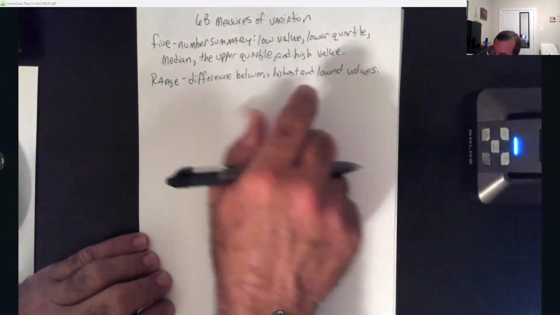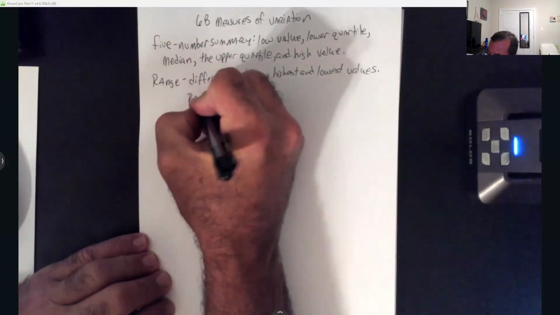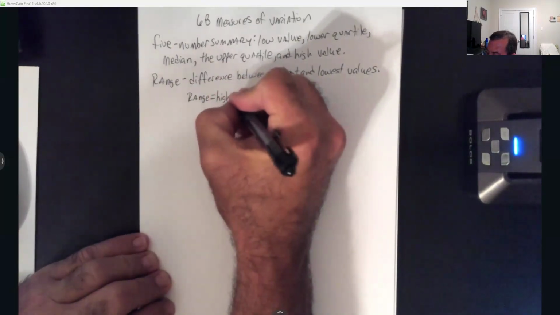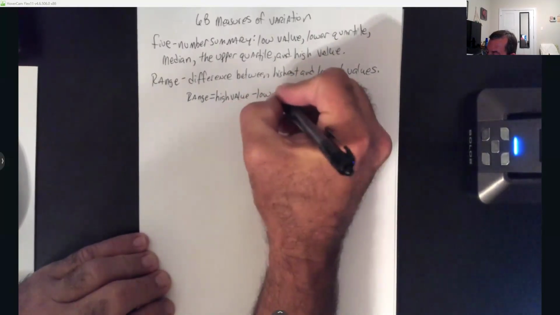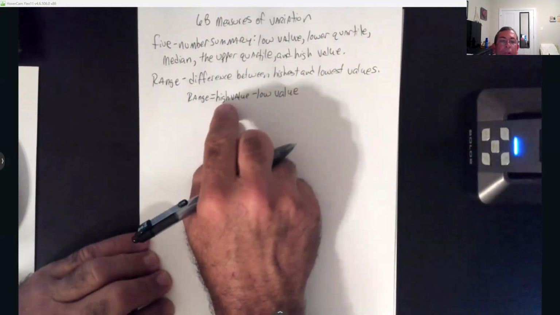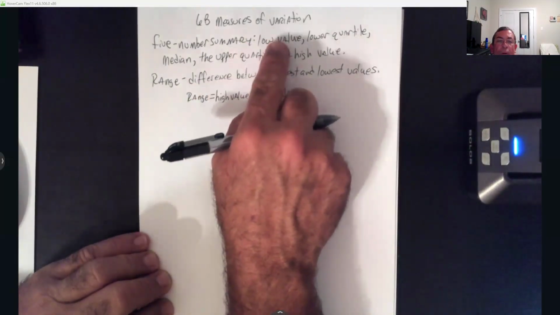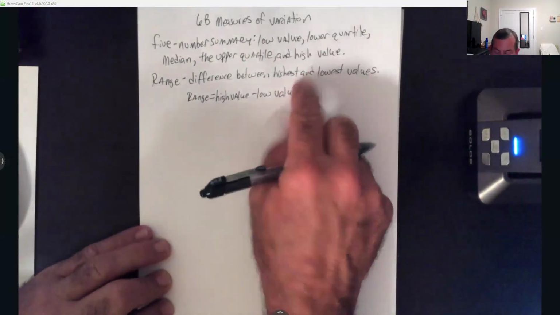All right, so range equals your high value minus your low value. So this is basically 2 of the numbers from the 5-number summary, your low value and your high value, okay? Those 2 will give you your range.